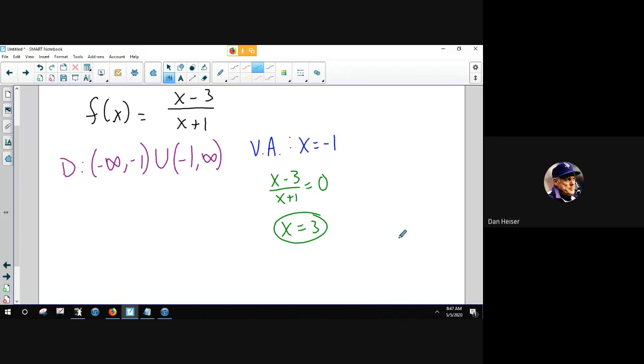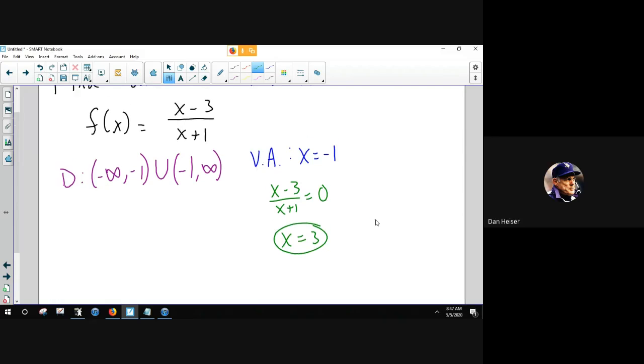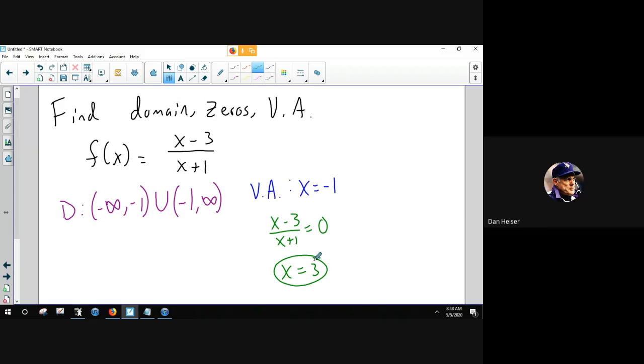Again, that is an Algebra 1 topic that we need to have mastered at this point. So I know that you can all do those steps. X equals 3 is our 0. X equals -1 is our vertical asymptote, and our domain is 2 intervals.